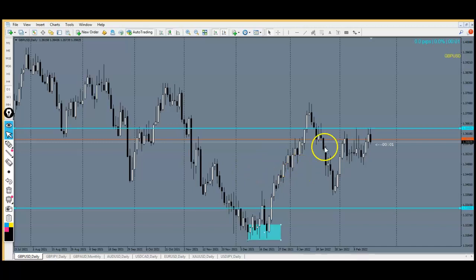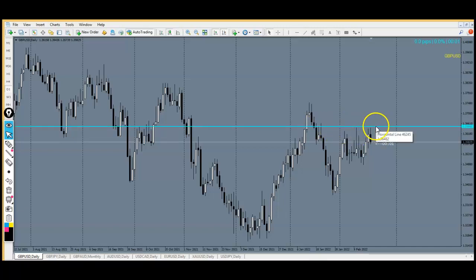Okay, so in this instance, because of what we have, I'll be looking for price to come to the tops, either to this zone here, or to come to this zone here for this week.